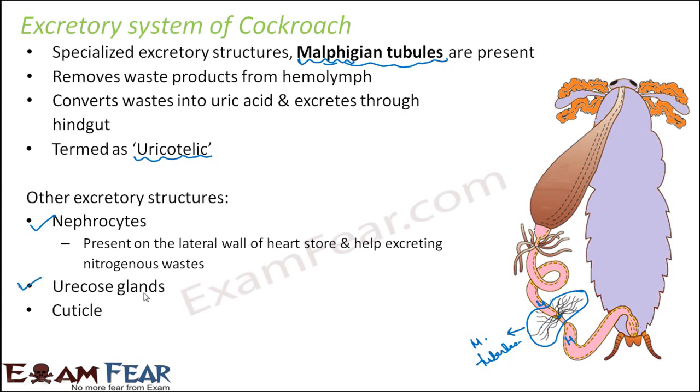They are present in the male reproductive system. Cuticle, that is the waxy outermost layer. Through the cuticle also some of the waste products are thrown out. So these are other excretory structures which are also present in the cockroach. All these structures together help a cockroach to get rid of all the waste materials from its body. Fat bodies also help in excretion.